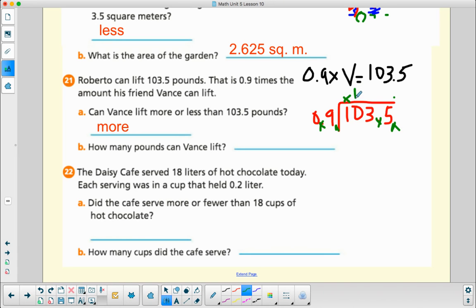There's 1 9 in 10. 1 9 is 9. I used 9, so I have 1 left over. Bring down my 3. There's 1 9 in 13. 1 9 is 9 again. I have 4 left over. Bring down my 5.